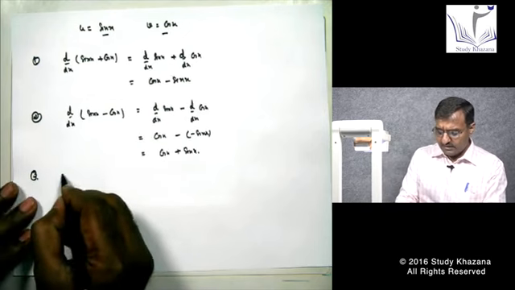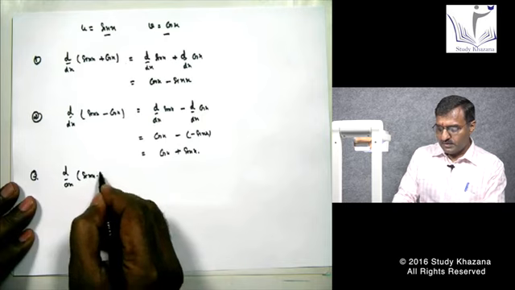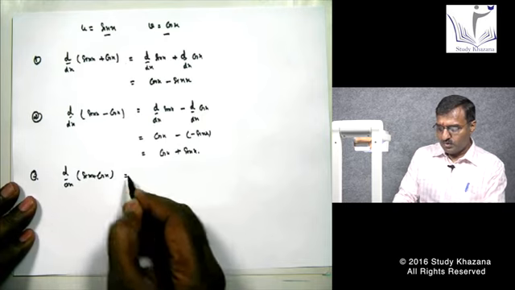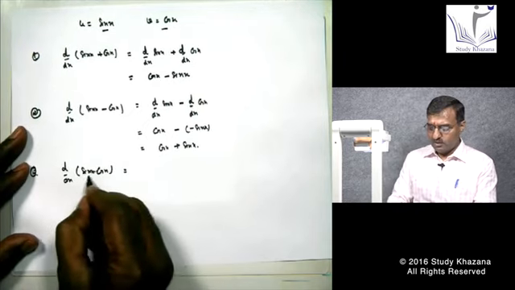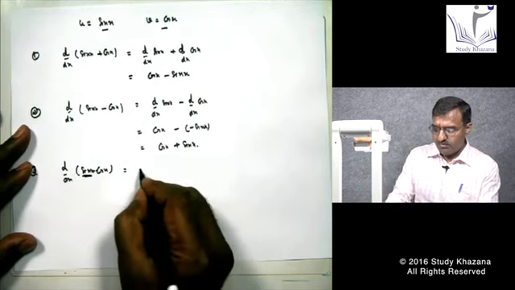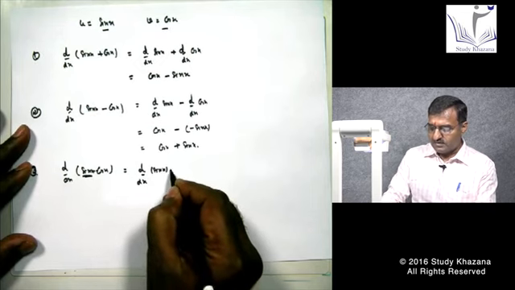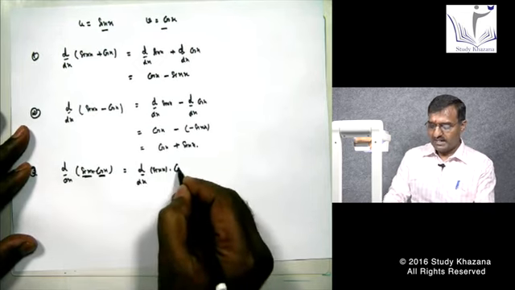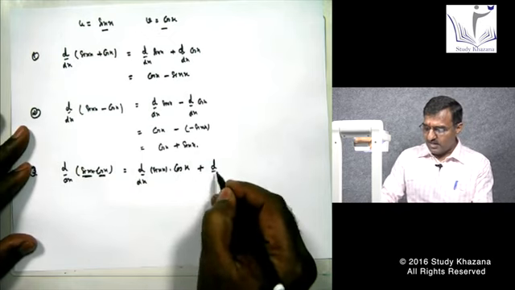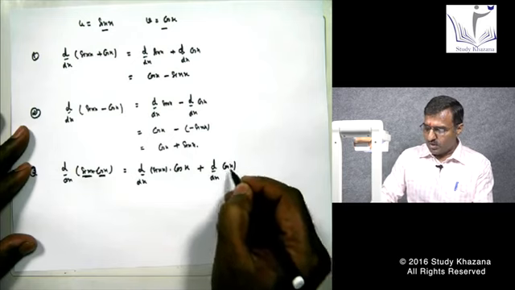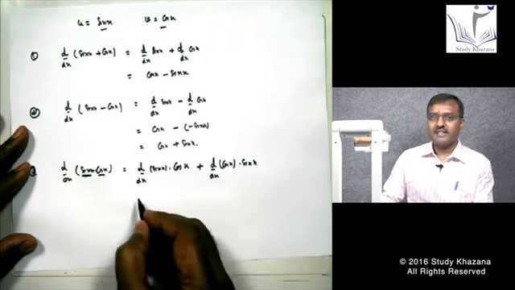Now the third, we will consider d by dx of sin x into cos x. Here we will apply the product rule. What is the product rule? First the derivative of u. So I will write d by dx of sin x into the second function as it is, cos x, plus now the derivative of cos x, and this sin x as it is.